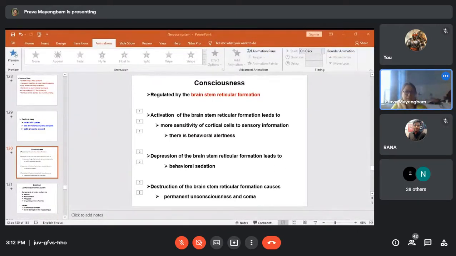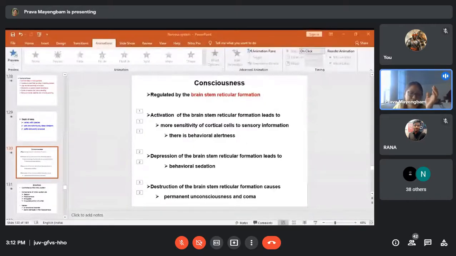The stimulation of the brainstem reticular formation leads to more sensitivity of cortical cells to sensory information, and due to this there will be behavioral alertness. When there is depression of the brainstem reticular formation, there will be behavioral sedation.